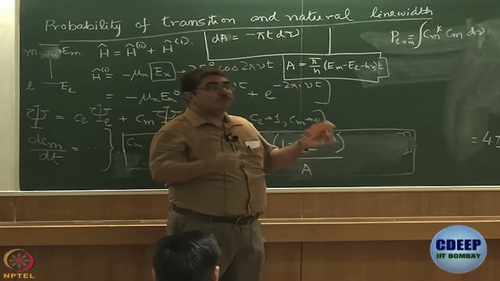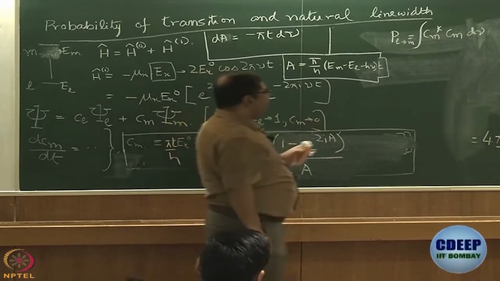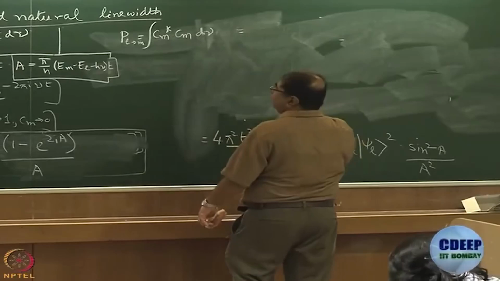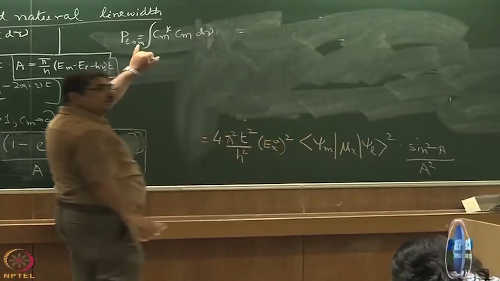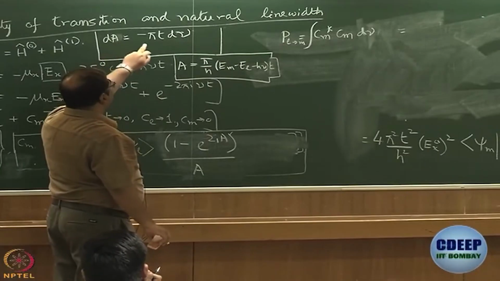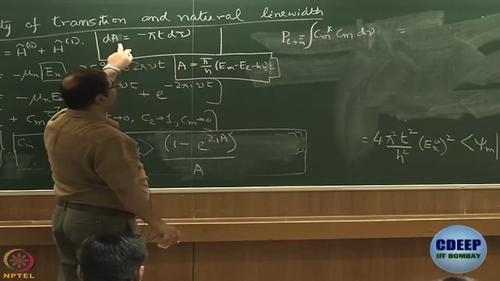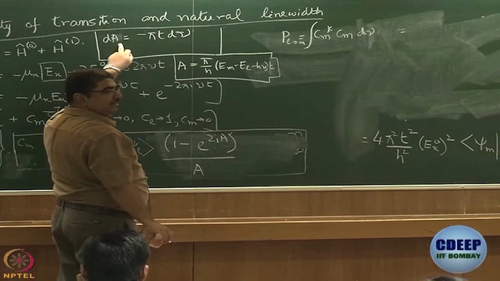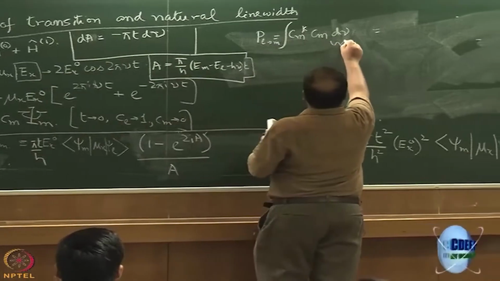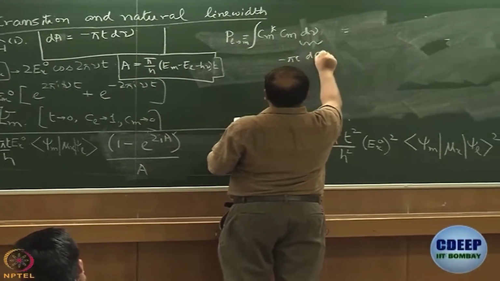Don't forget, the band is for a single L to M transition. What will it be? That will be equal to, I will just write the constants outside, and integration is over nu. So I can take P as constant. That's not a problem. But since this thing is written in terms of A, instead of d nu, I will write this. This d nu becomes minus pi t into dA.